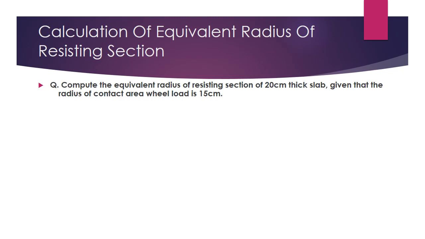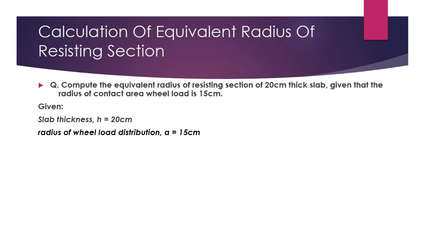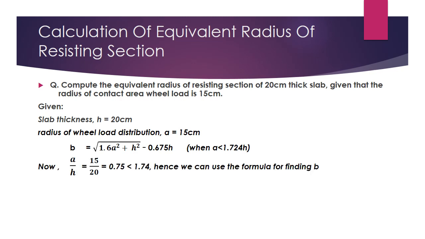Here the slab thickness h is 20 cm and the radius of wheel load distribution a is 15 cm. Now we have the formula b equals root over 1.6 a square plus h square minus 0.675 h, when a is less than 1.724 h. Let us see whether this condition is true or not.